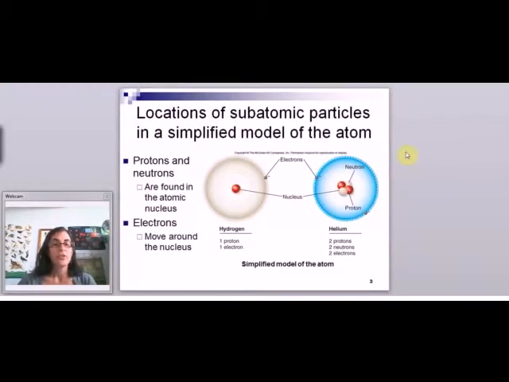I mentioned earlier that protons and neutrons are in the nucleus, and they are clumped together here. Electrons are flying around in the space outside of the nucleus. In the simplified model of the atom, the electrons are thought of almost as circling the nucleus in the space outside of it.